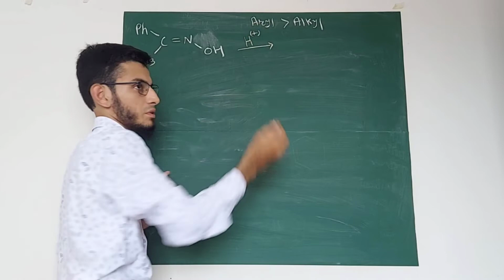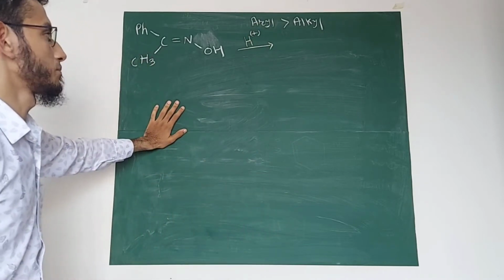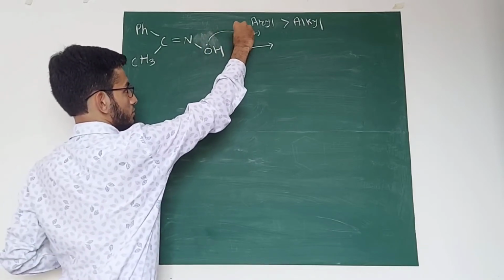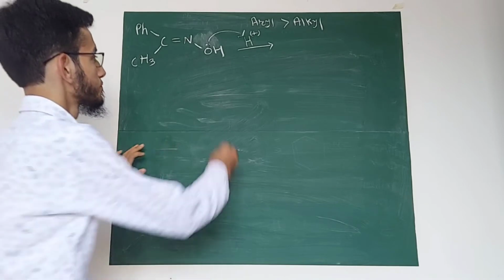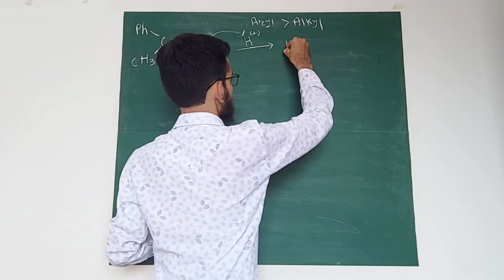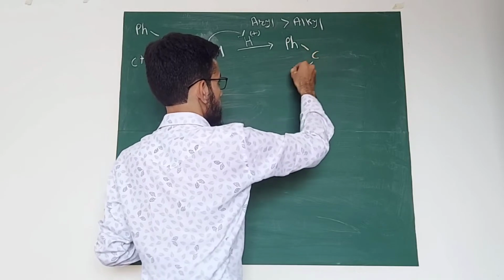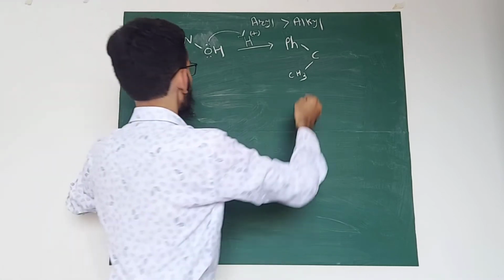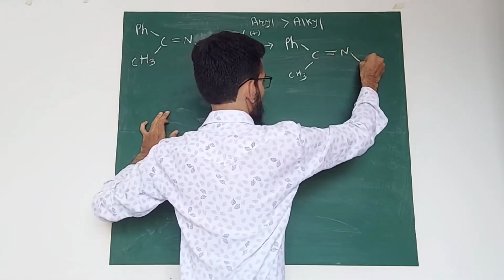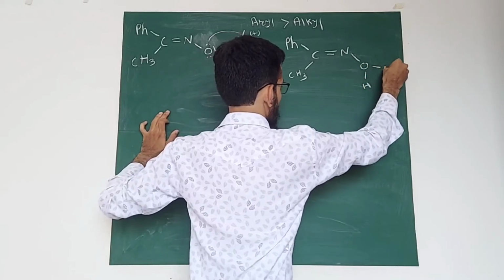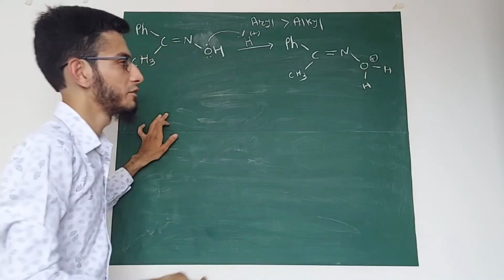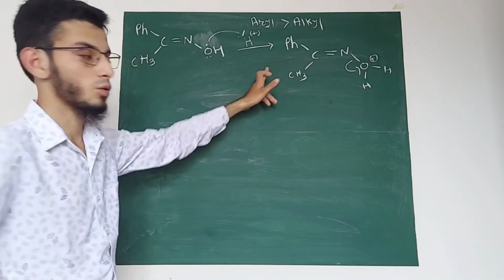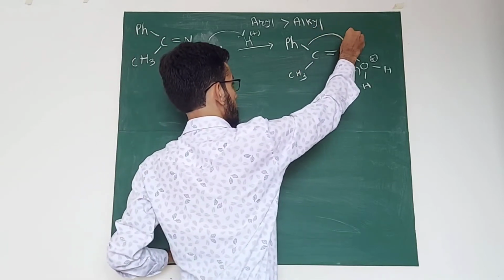You can use anything, PPA, PCl5. Then the nitrogen connects with H plus, and then the leaving group will be removed. The anti position is phenyl, so this group will migrate here.